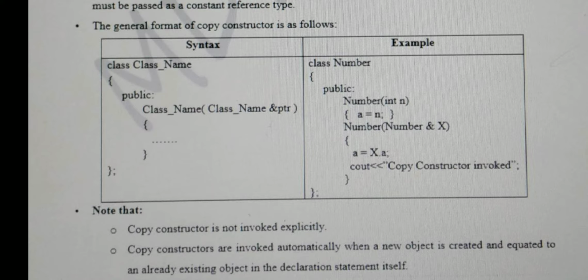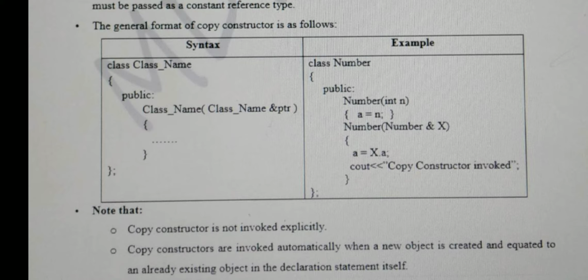If the class name and function name are the same, we call it a constructor. If only one argument is there, it is a copy constructor. Under number int n, you can see a is equal to n, and the second one is number, open the bracket, number ampersand x. That is how we give a copy constructor.